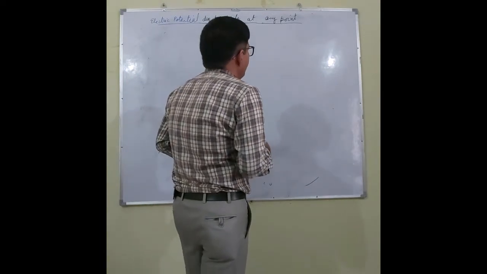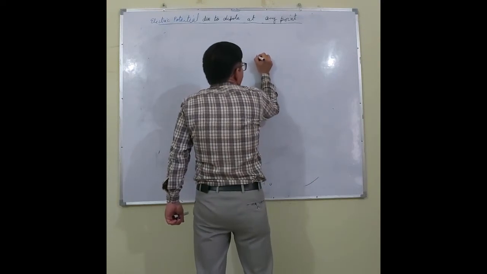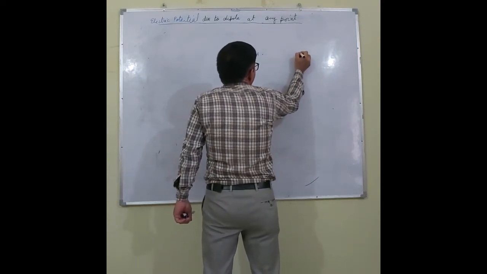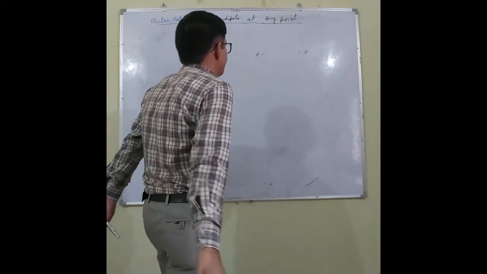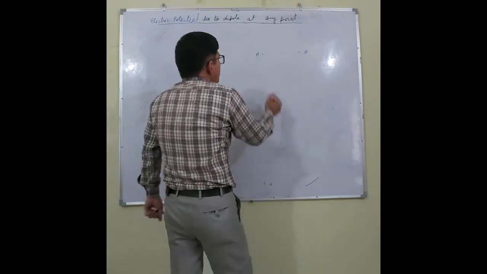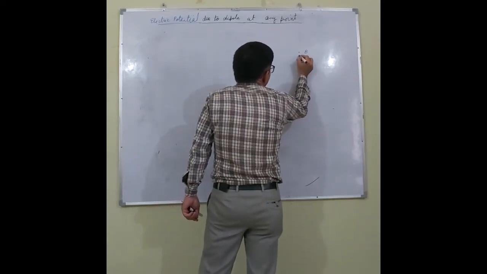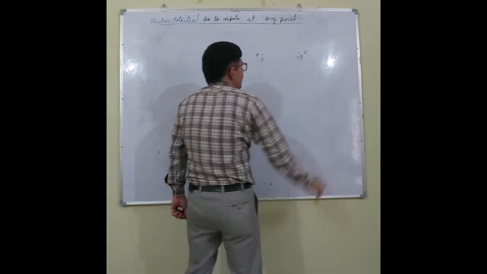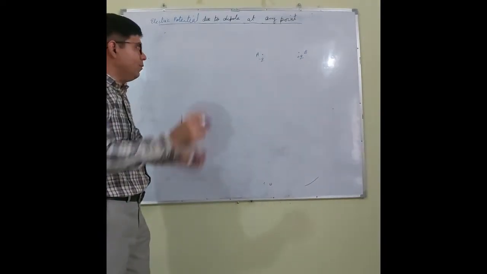Let us say we are having A and we are having B. On A we place minus Q charge and on B we place plus Q charge. This all of you know.